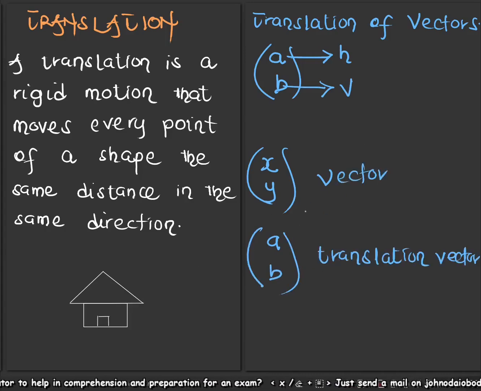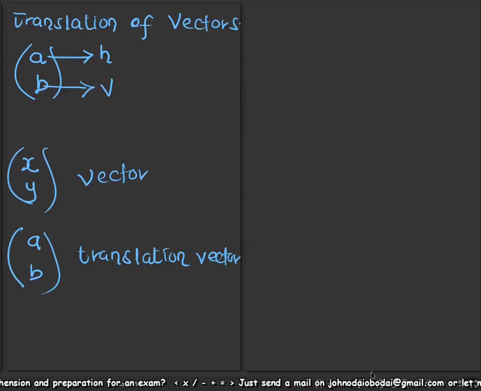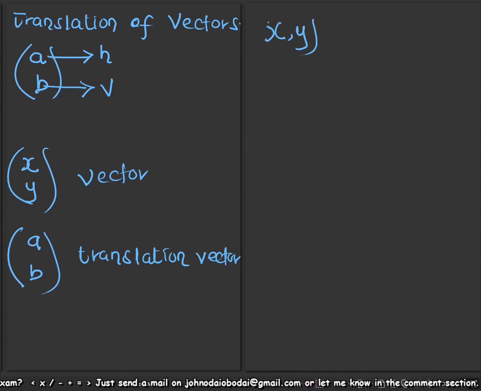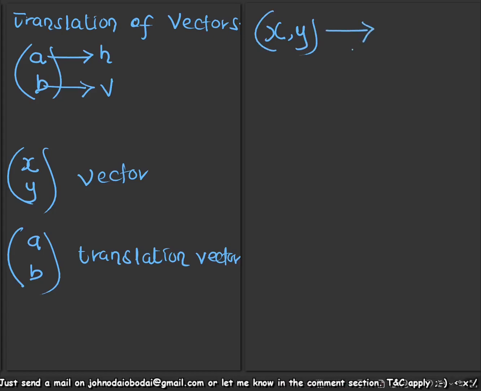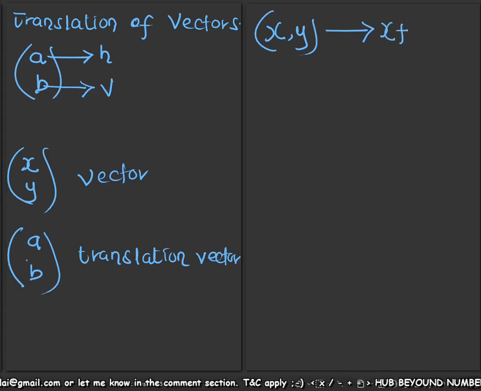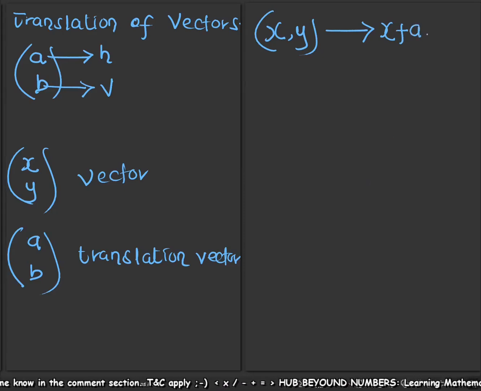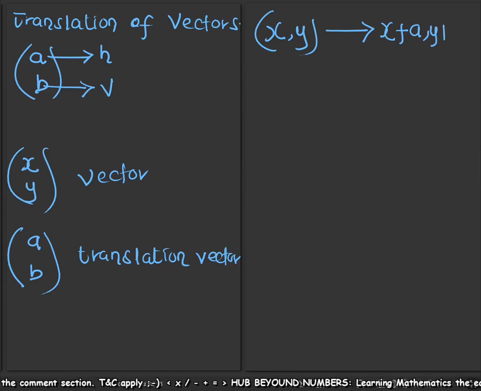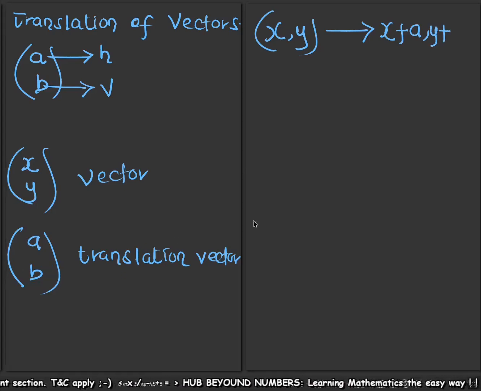If you want to translate this point by this translation vector, then all we do is you have your (x, y), and since you are translating, its new position is going to be x plus the a of the translation vector, and then y plus the b.